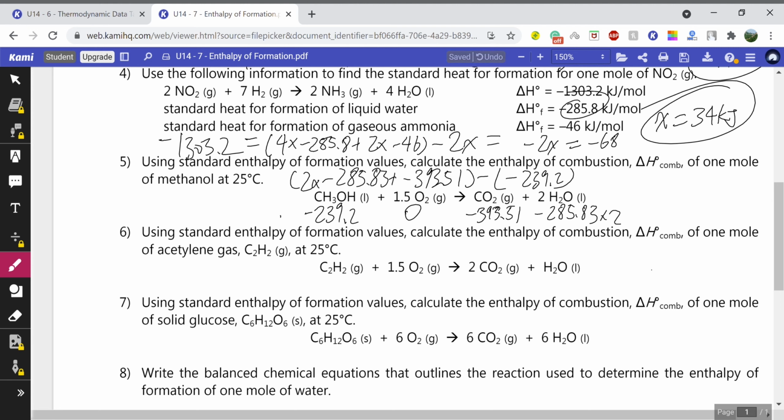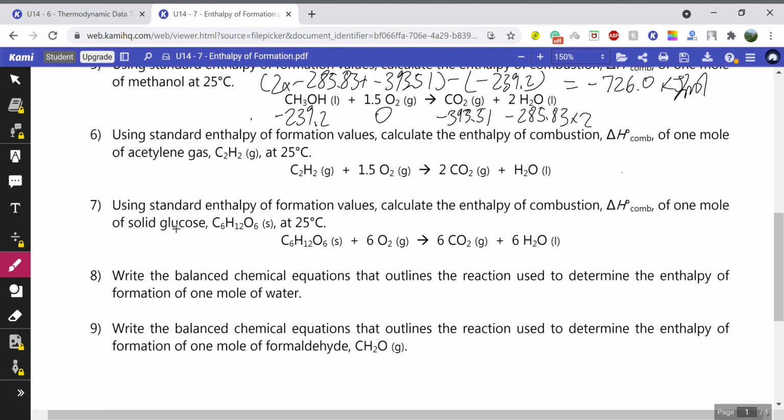So 2 times negative 285.83 plus negative 393.51 plus 239.2 is going to get us the final answer of negative 725.95. Since our least number of significant figures behind the decimal point when we added is the first place, we're going to round this to 6 and add a 0.0 behind it, kJ per mole.